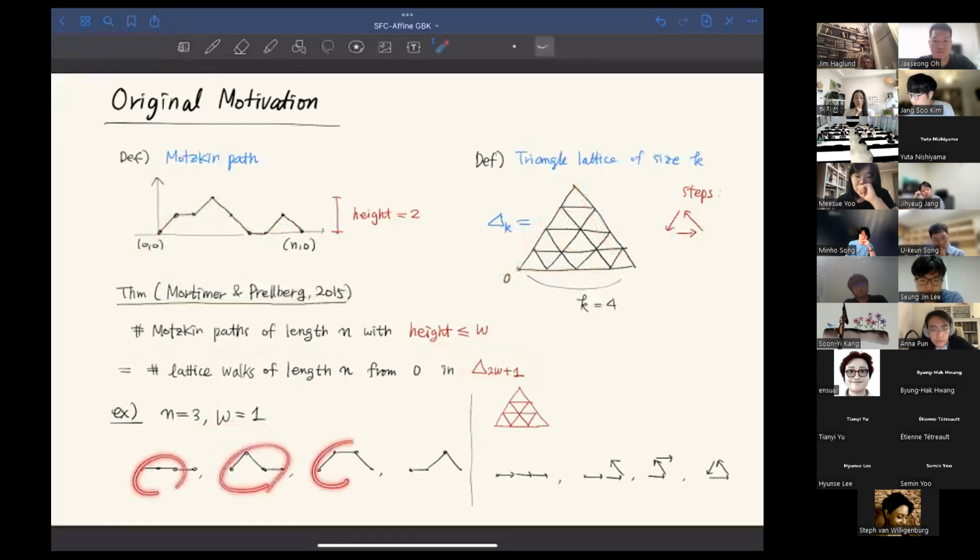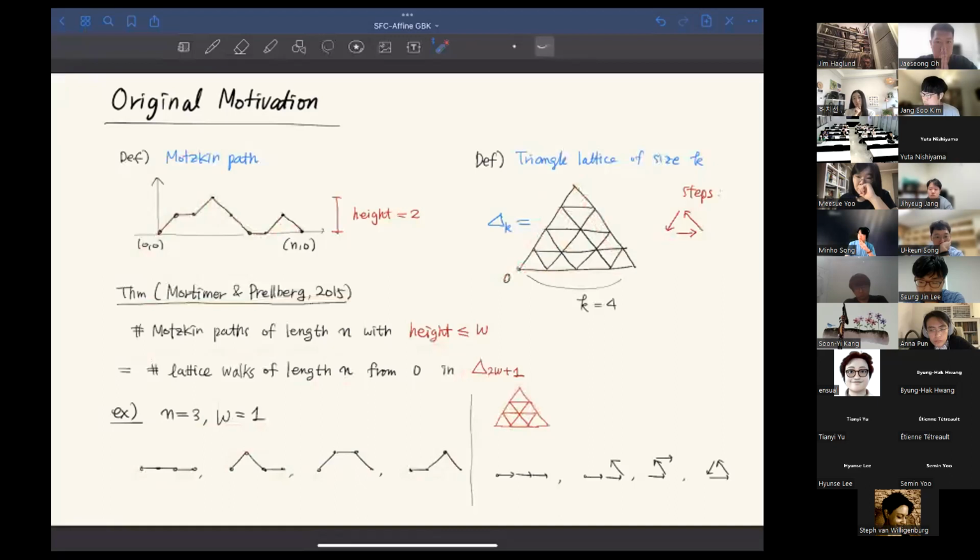There are 4 such Motzkin paths, and there are also 4 lattice walks in this triangular lattice. You can take step 1, 2, 3, or you can go this way, or this way, or this way. There are 4 of them.